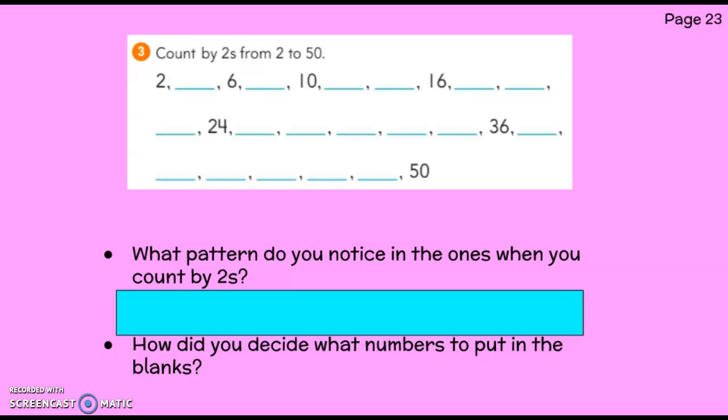Except when we do the teen numbers, they sound a little different because we say the teen part last instead of the ones place, right? So that's a kind of tricky thing with English for those. So let's see what they had to say. The ones digit has the pattern of 2, 4, 6, 8, and 0, right, for every group of 10. How did you decide what numbers to put on the blanks? So you can think about that as you fill that out.